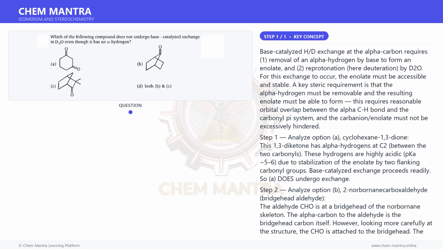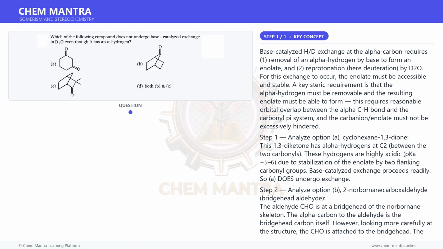The reason is steric. The gem-dimethyl groups, the two methyl groups at C7, create severe steric hindrance around the carbonyl face, making it very difficult for base to approach and abstract the alpha hydrogen. Furthermore, even if the enolate forms, reprotonation, deuteration, is hindered.